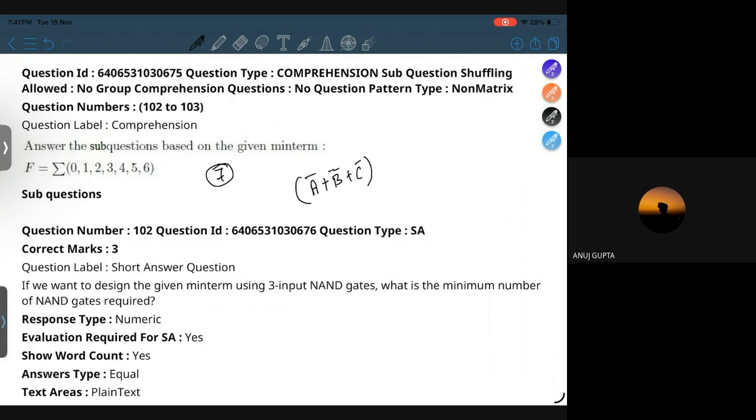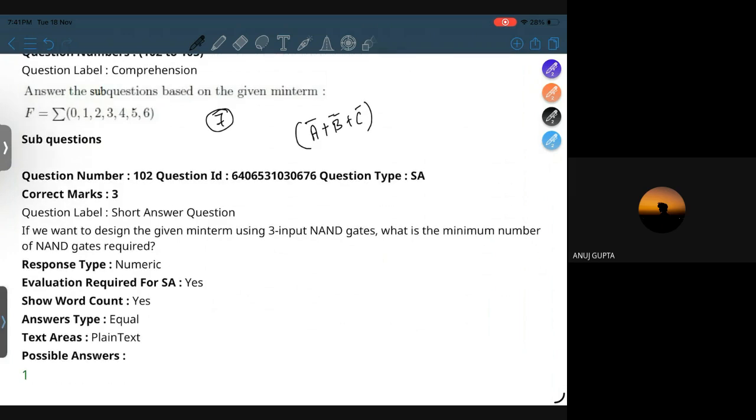Okay, and I think the output of NAND is (A, B, C) to the whole complement if we have three inputs. So this can also be written as (A, B, C) to the whole complement. So yeah, just one NAND gate.